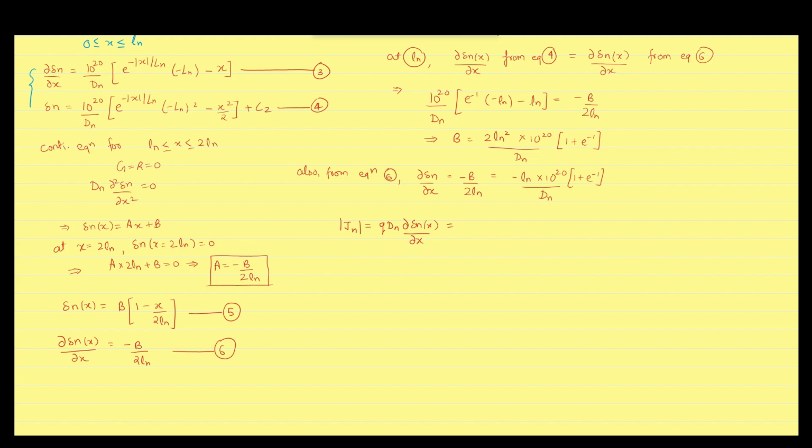We have to simply put the value. After calculation, we will find the diffusion current density due to electron to be equal to 2.1886 milliampere per centimeter square, which can also be written as 2.19 milliampere per centimeter square. So this is our final answer.